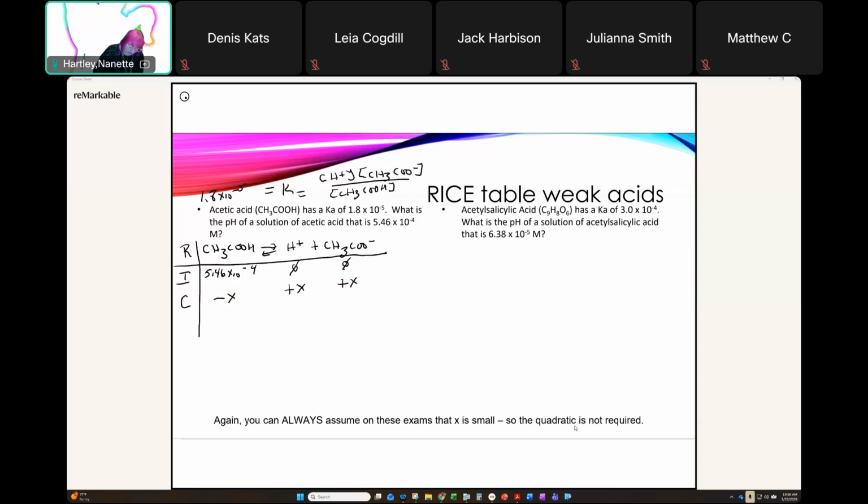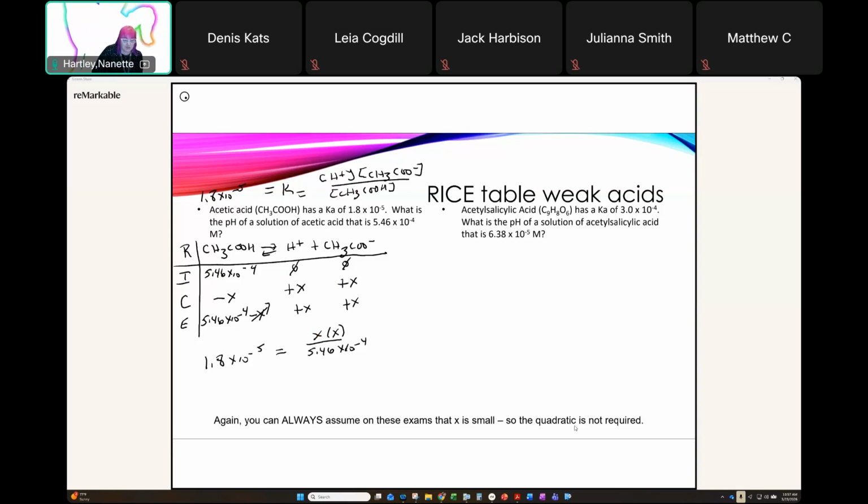And so at equilibrium, this would be 5.46 times 10 to the minus fourth minus X. This is X, and this is X. If this is small, then I can substitute into this K expression. I have 1.8 times 10 to the minus fifth is equal to X times X over 5.46 times 10 to the minus 4.